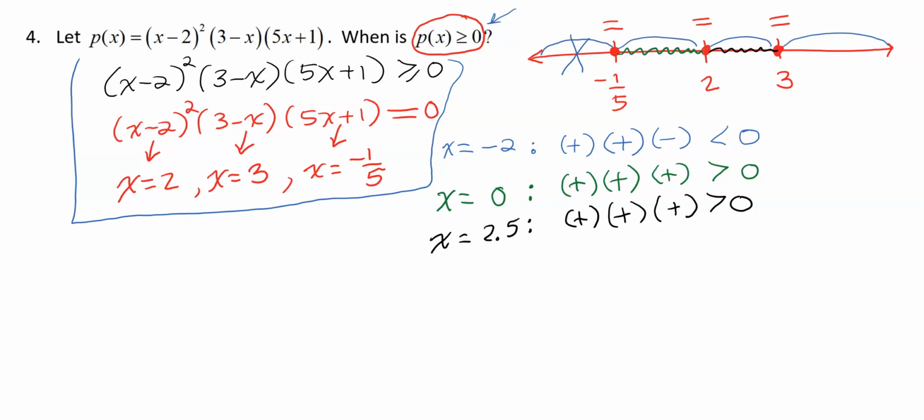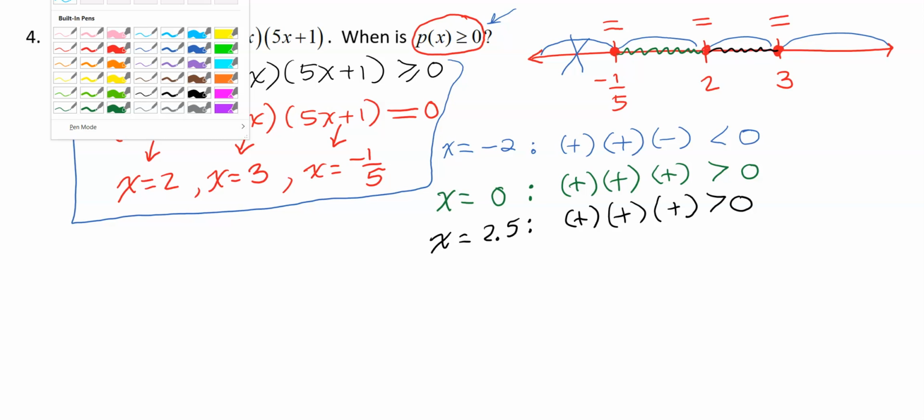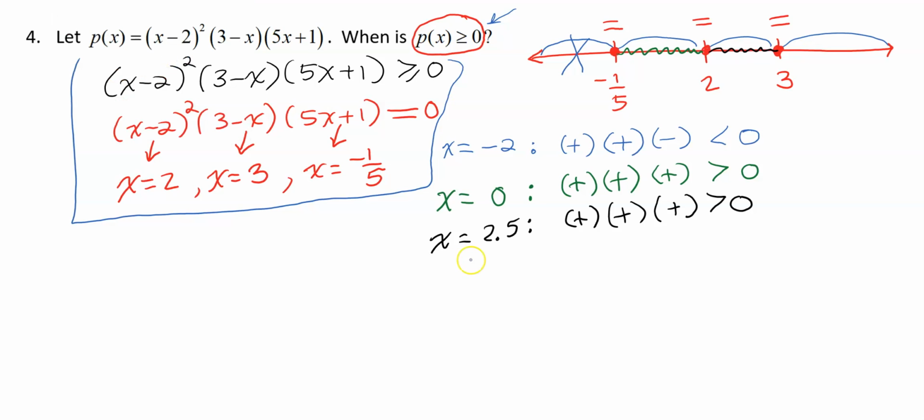Now we will pick a number to the right of 3, say x is equal to 4. So 4 minus 2 is positive 2.